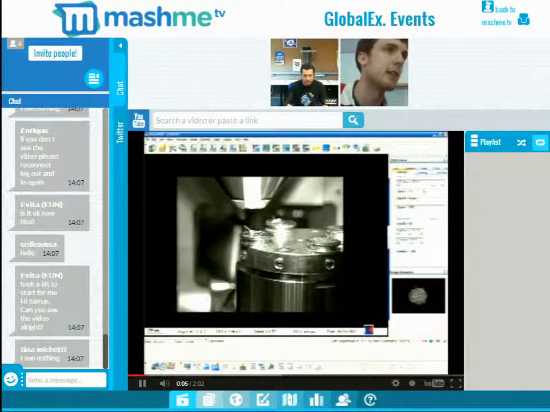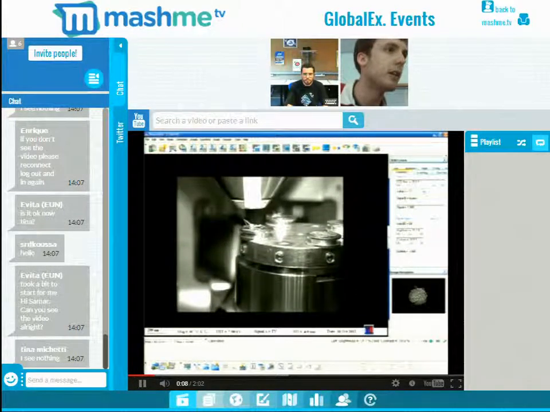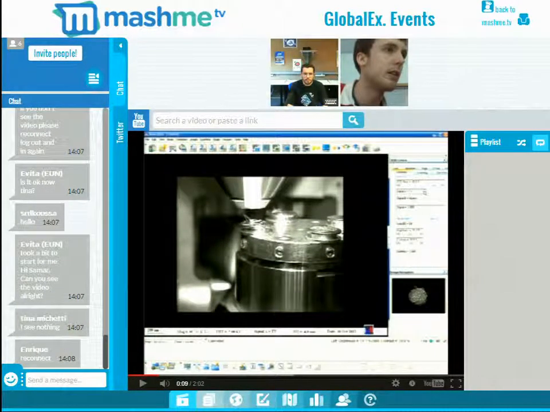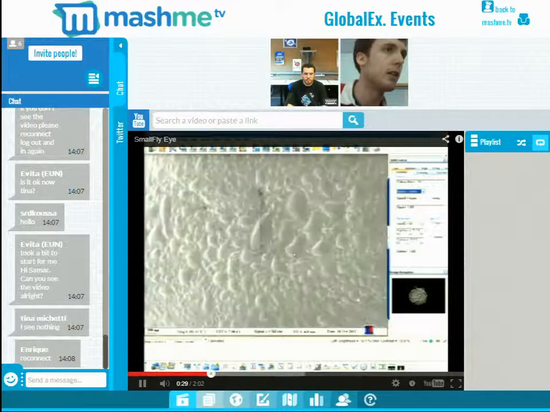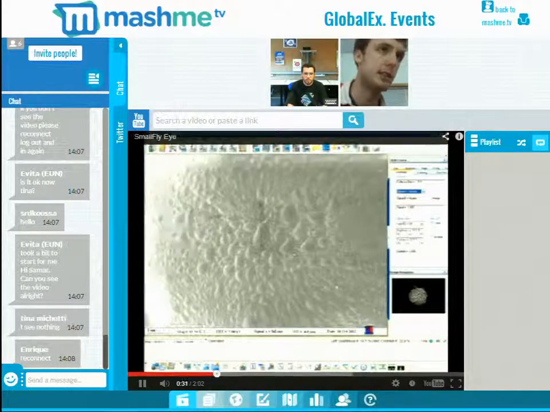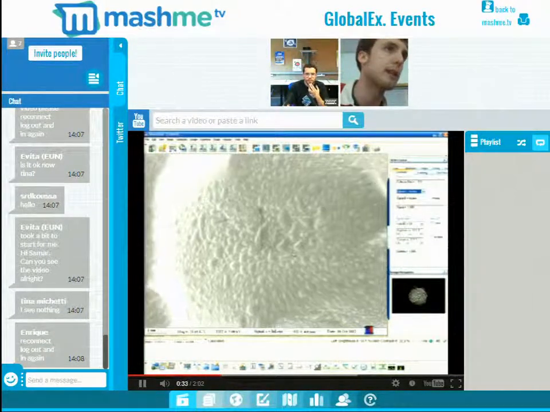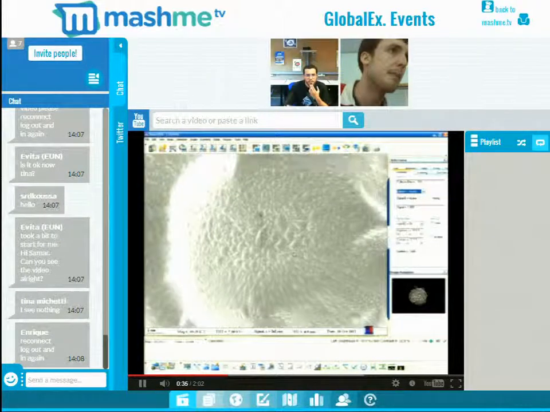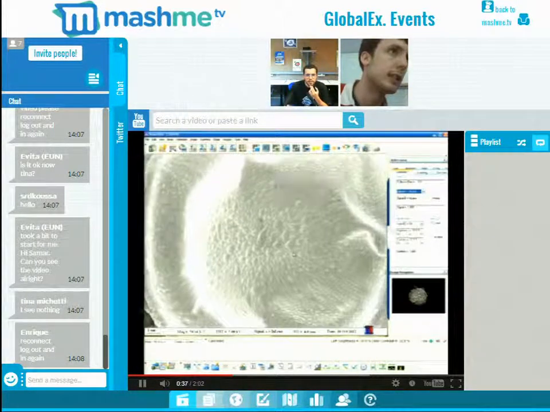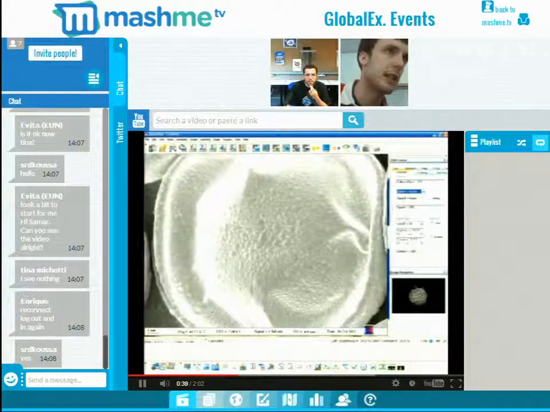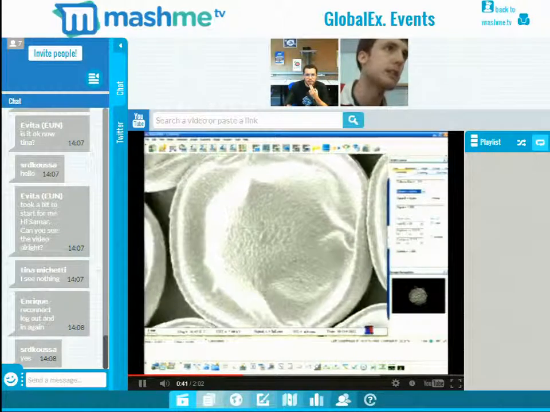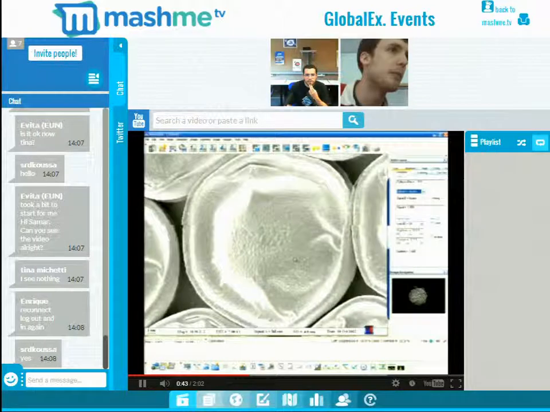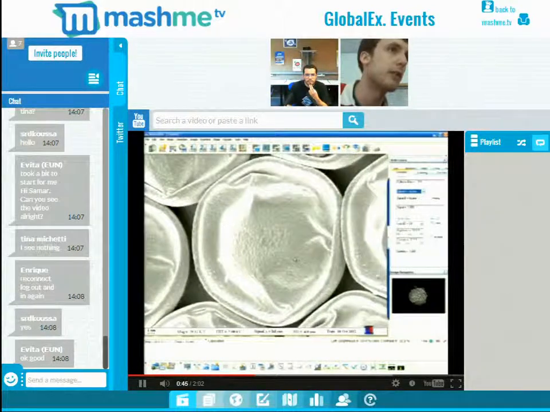So the video started again. Zooming out now from that lens, you should soon see that this is one single lens, and now measure the width and height of it.